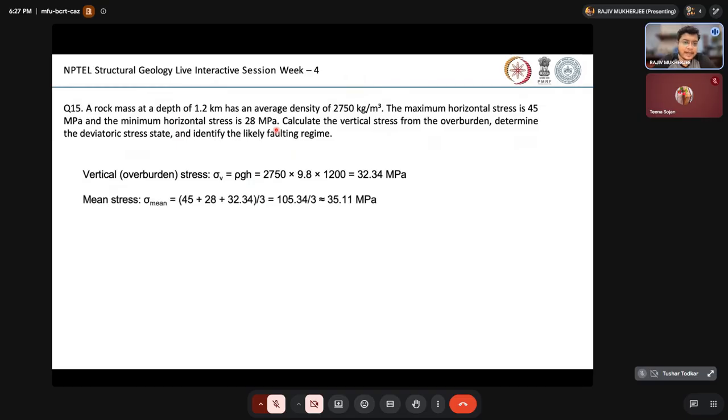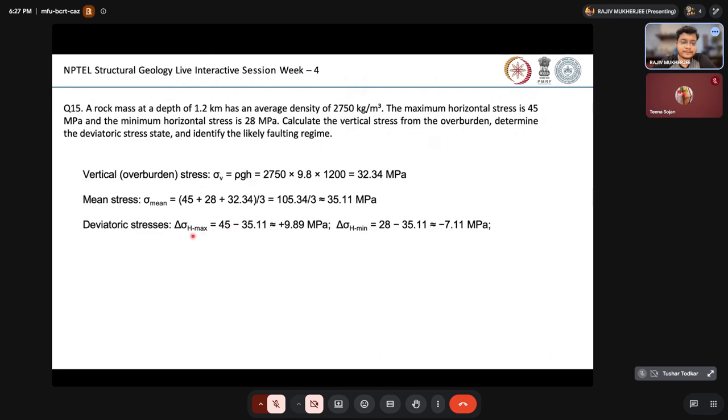Now if we calculate the mean stress, it will be 45 plus 28 plus 32.34, divided by 3, which is roughly 35.11, right? Now deviatoric stress, you simply subtract the mean stress from the given stresses.